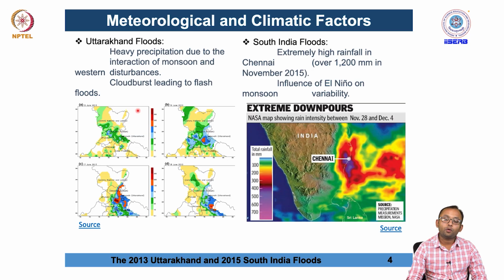Then there is a cloud burst condition in Uttarakhand. There are human activities, reservoir operations, and the influence of El Nino was also reported, and that is one of the reasons we observed significant flood events in that southern Indian region. And similarly, we have observed significant damage caused by the Uttarakhand flood in the Kedarnath Valley in 2013.